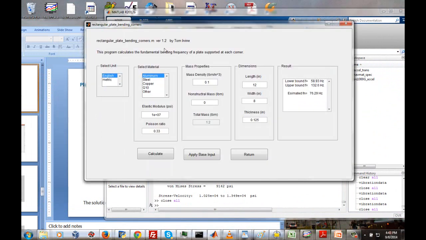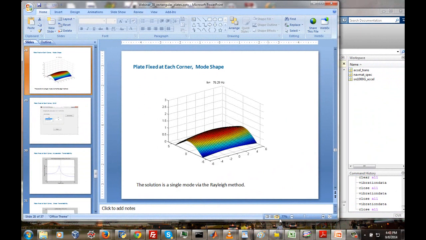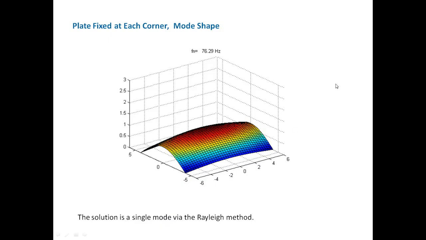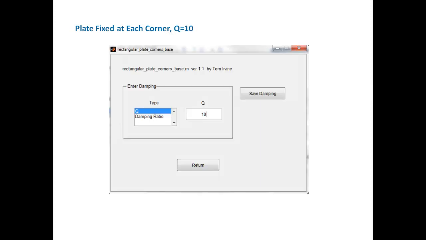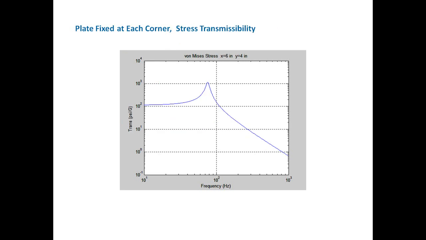Okay, if we go back to the PowerPoint slides, there's our fundamental bending mode for a plate supported or fixed at each corner. We entered in a Q value of 10. We took a look at the acceleration transmissibility at the center, the von Mises stress at the center.